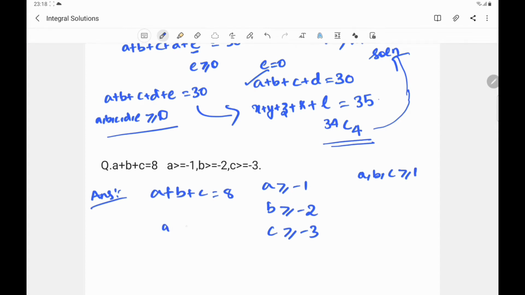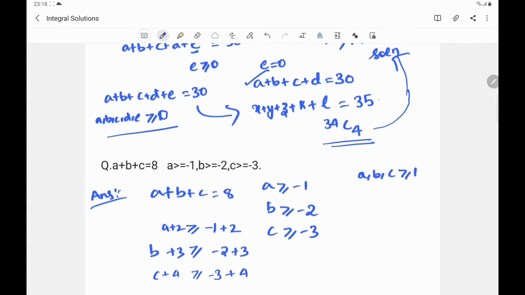What we'll do is, when it is given that a is greater than or equal to minus 1, I'll simply add 2 over here and 2 over here, and b is greater than or equal to minus 2 is given, I'll simply add 3 on this side and 3 on that side. Similarly, for minus 3, I'll add 4 over here and 4 over here.